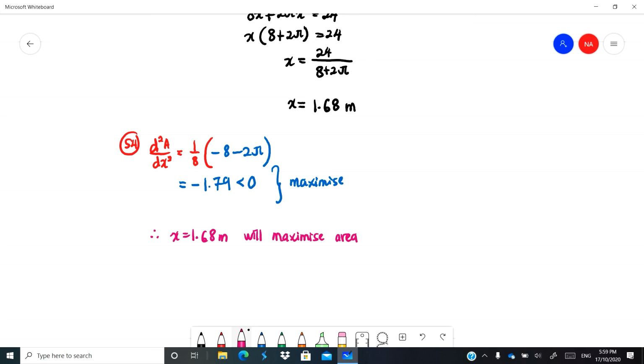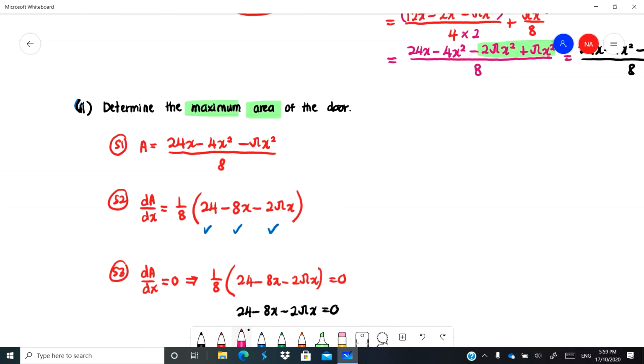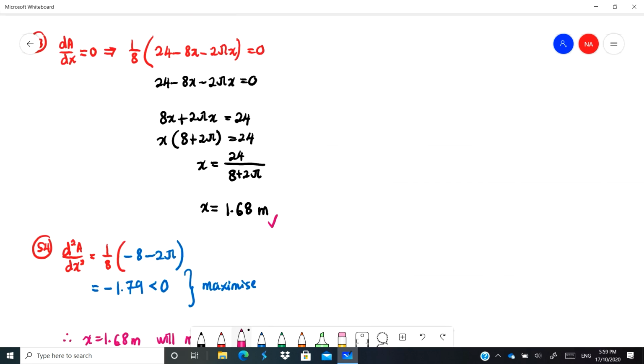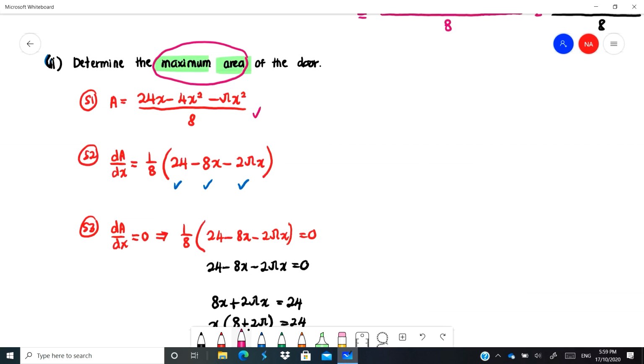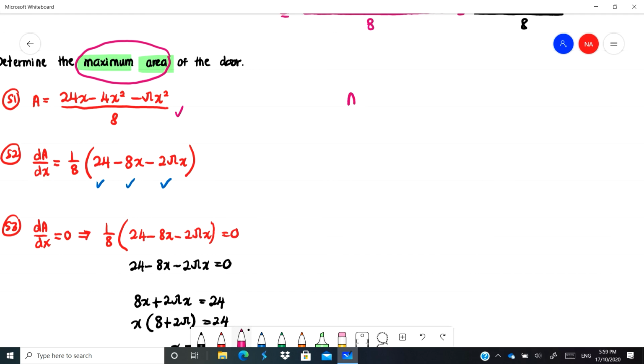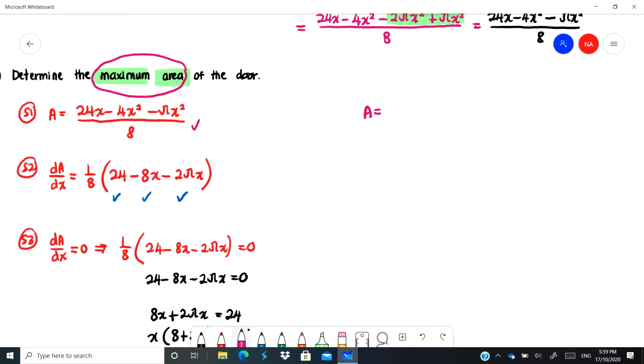Next, since the question asks us to find the maximum area, we have to substitute the value of x, which is obtained here, inside the formula of A. So we substitute the value of x with 1.68.